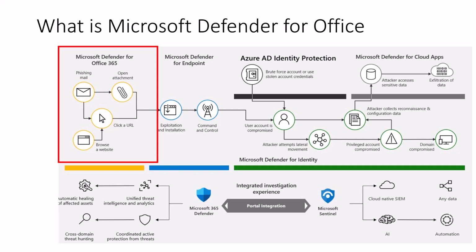So if we have a user clicking one of the URLs in an email and trying to browse that website, it's actually picked up by the Defender for Office and then goes through a sort of a proxy where that URL is identified and scanned to make sure it's legit, and if it's not, it's informing the end users that it could be a potential website for something malicious, and thereby blocking the access, or at least asking the user if they are sure that they want to go to that URL.